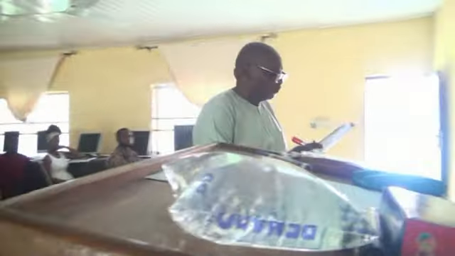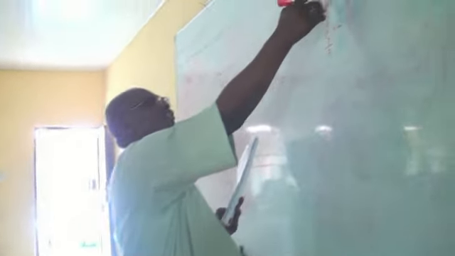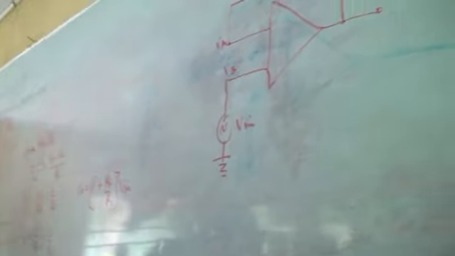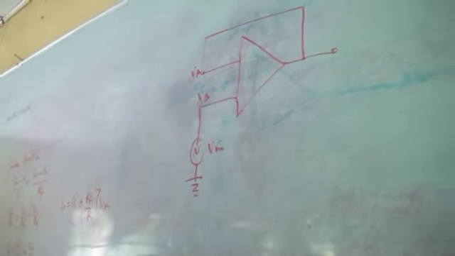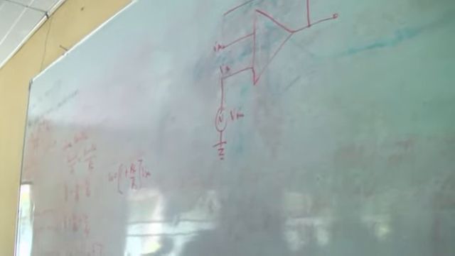So in this case, we can see that VB equals to V in. There's no magic. That one, you know that it's V in that is supplying VB. So if 2 amp is flowing here, it's the same 2 amp that will go to that VB, is it not? Yes, sir. Okay.